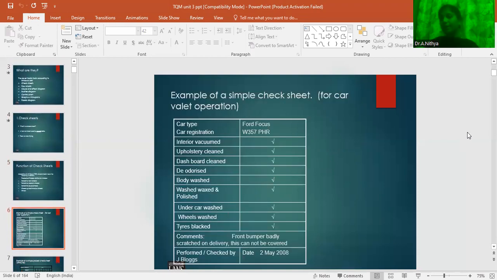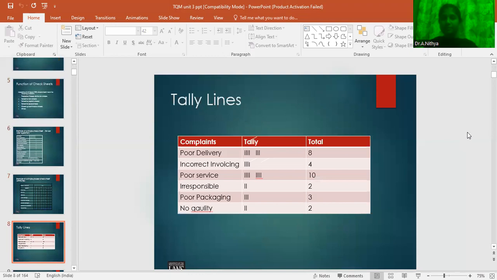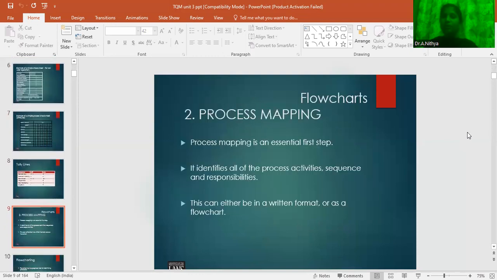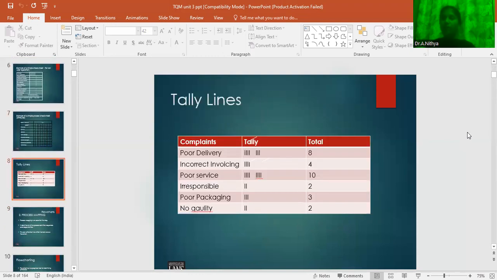This is the diagram we prepare for the check sheet. We use tally lines for preparing it. The purpose of using this check sheet is systematic data gathering by tabulating the frequency of occurrence.